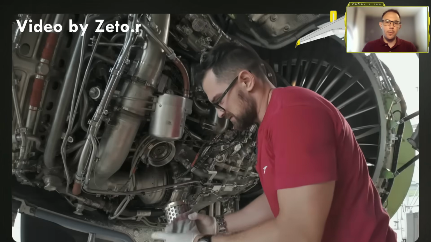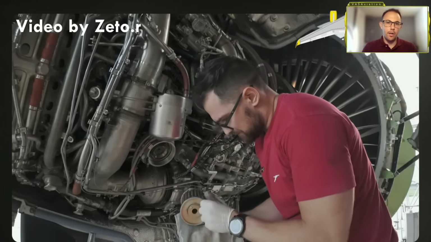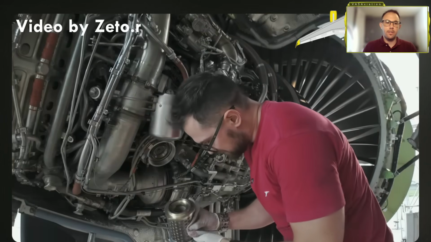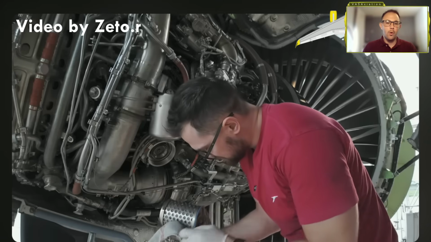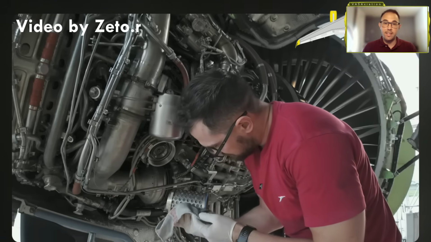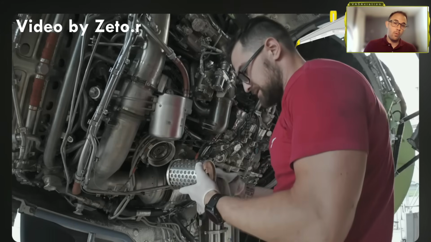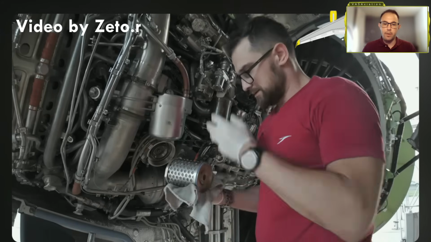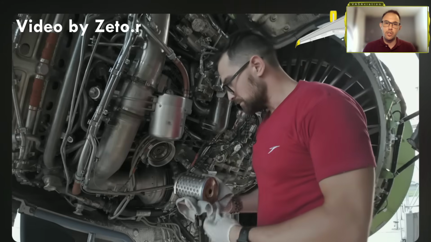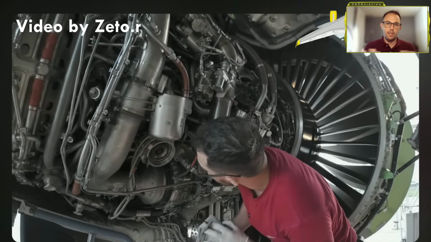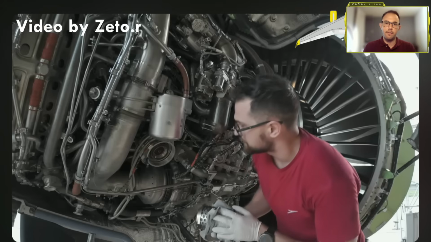So as we saw with Zito, who was explaining that he was looking for particles or other kinds of contaminants, metallic parts or anything inside of the filter, some contaminants can of course damage the engine and all the systems inside of the engine and the fuel tanks.